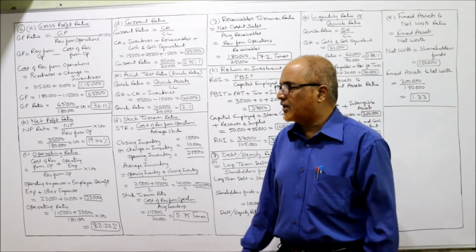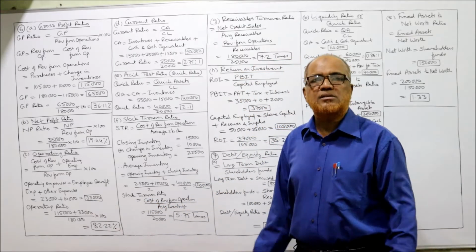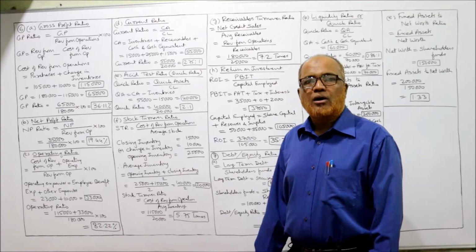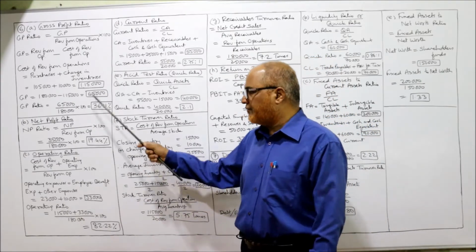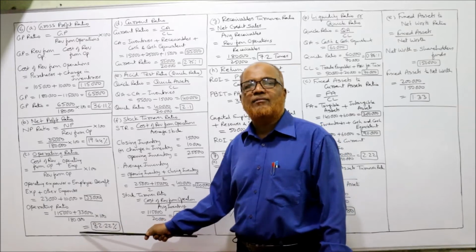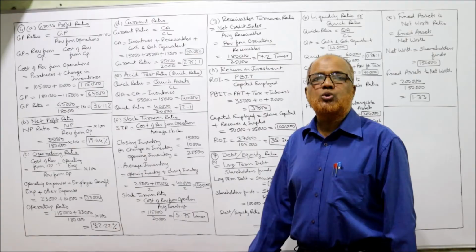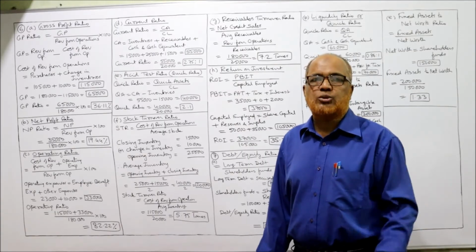Finance cost should not be taken. So 33,000 is the operating expenses. Now you substitute in the formula: cost of revenue from operation 1,15,000 and operating expenses 33,000 divided by revenue from operation 1,80,000 into 100. 82.22% is the operating ratio.